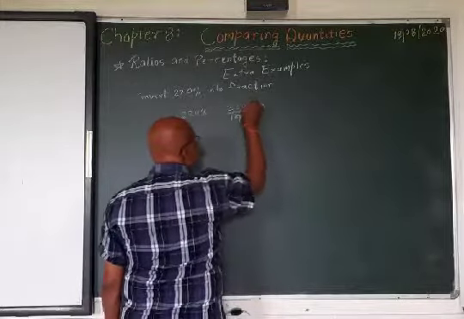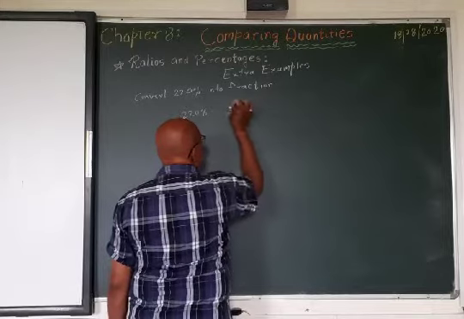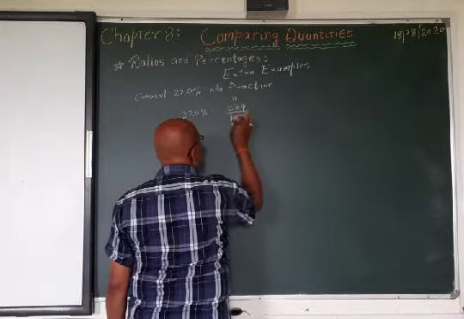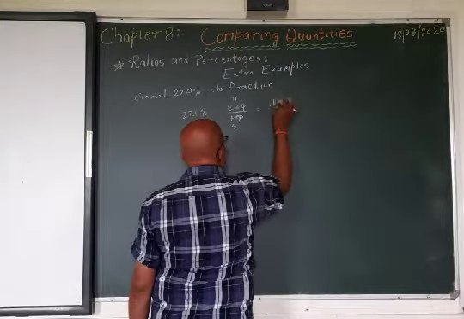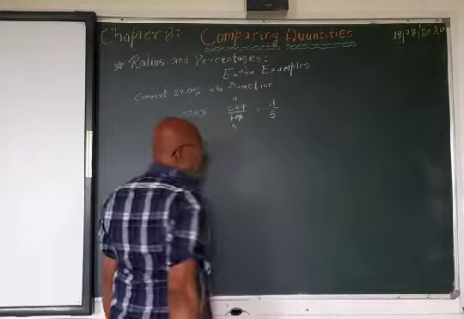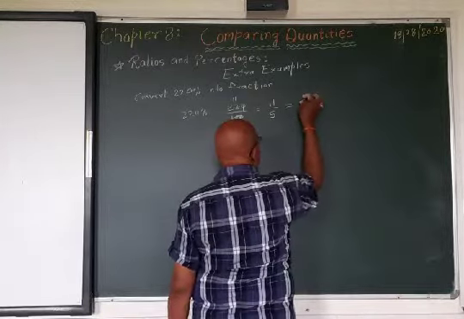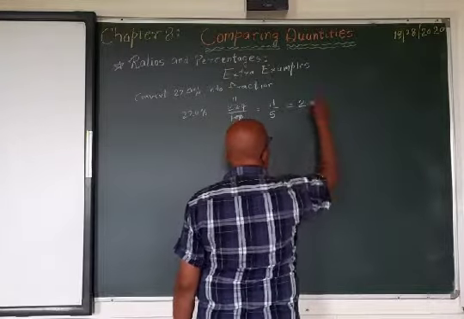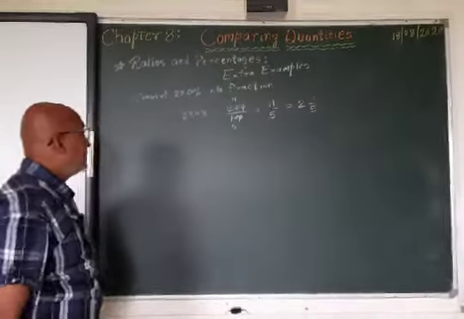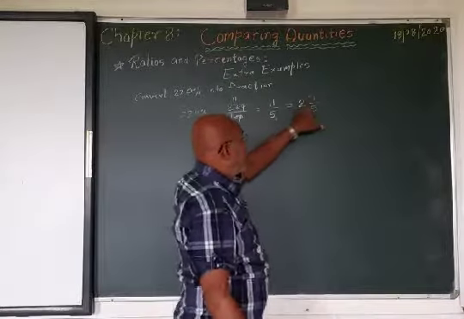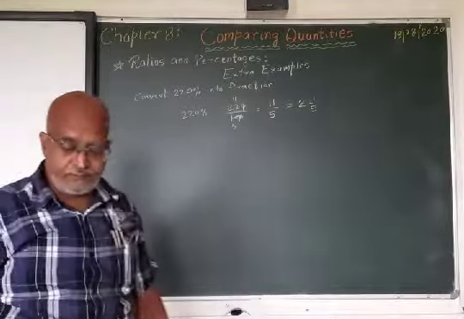Now this 0 will be cancelled and also we can divide by 2, so we get 11 here and 5 here. So the fraction is 11 upon 5. Now this is an improper fraction, so we can convert it into a mixed fraction: 2 and 1 upon 5. Got it clear? So 2 and 1 upon 5 is nothing but 220%.